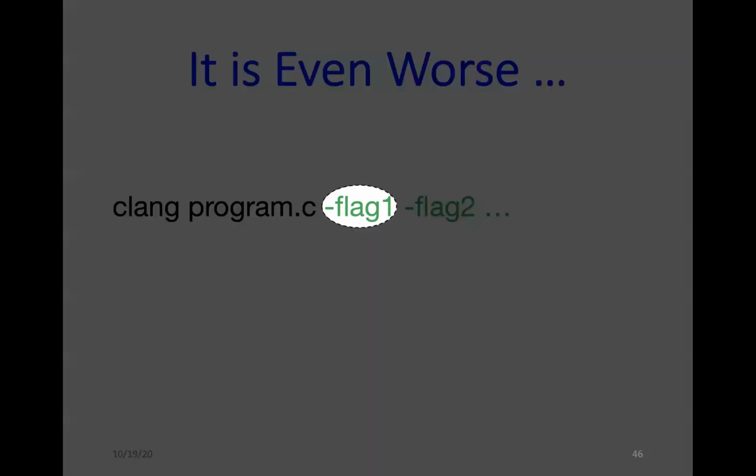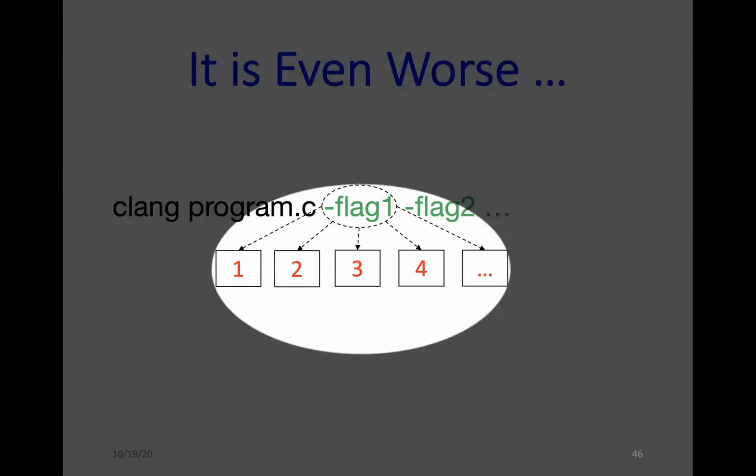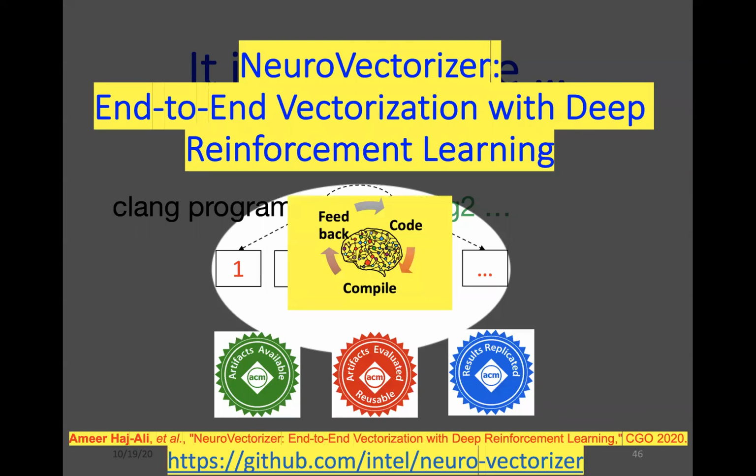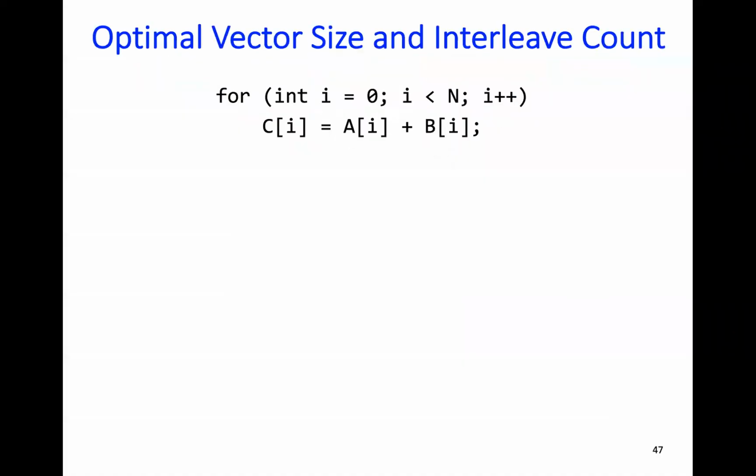But the problem is actually worse than that, because we also have to determine which factors or pragmas should be provided for some of these flags. And for this, we built NeuroVectorizer, which appeared in CGO and is open source under the Intel NeuroVectorizer repo.